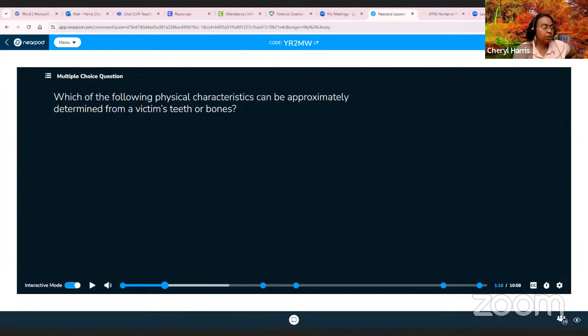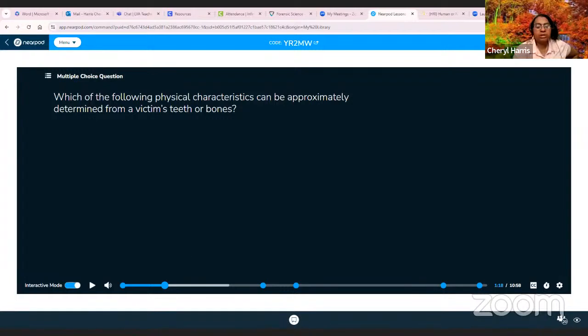Who did I just let in? Kinsey. All right, give me 1 second to make sure Kinsey has the login. All right, Kinsey, we're in the Nearpod. I just sent you the login for the Nearpod. We're recording participation, so everybody needs to answer.